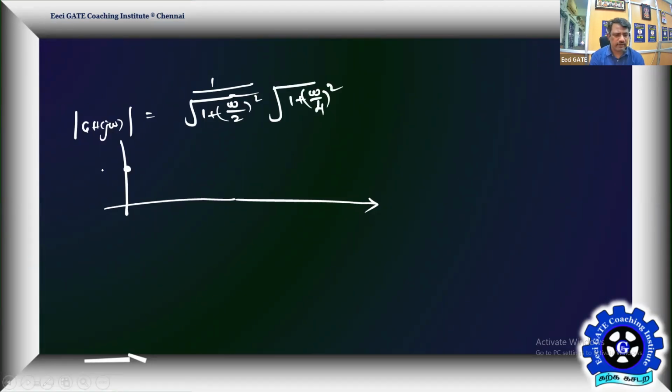And if you go for the frequency response, it will be like this. During high frequency, it will have a roll off rate of minus 12 dB per octave, because it becomes a second order.